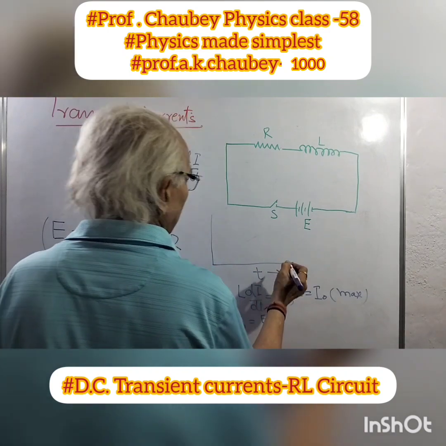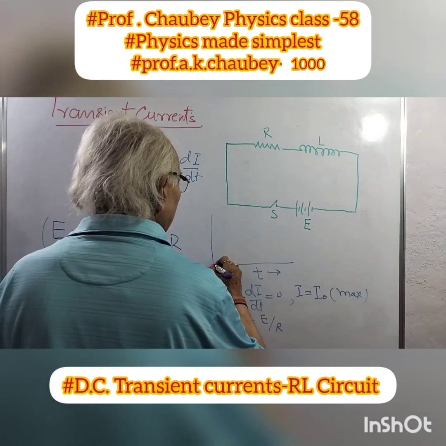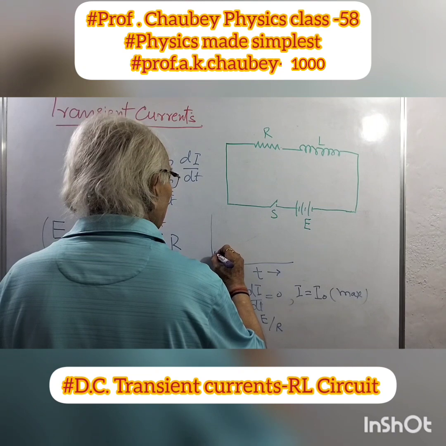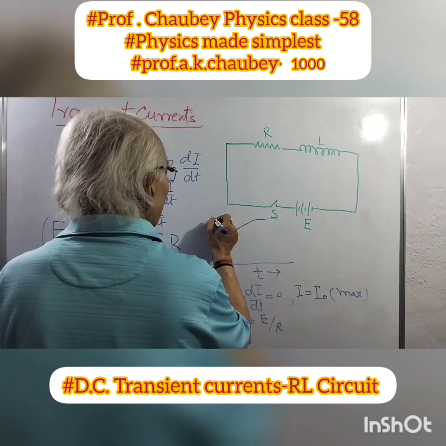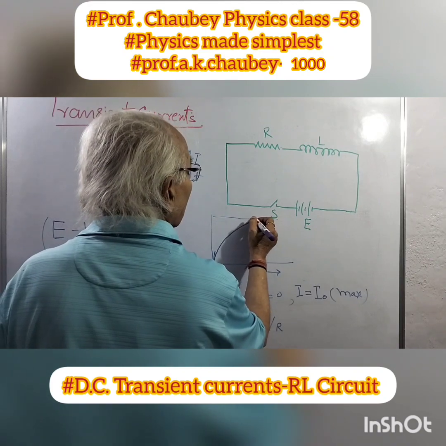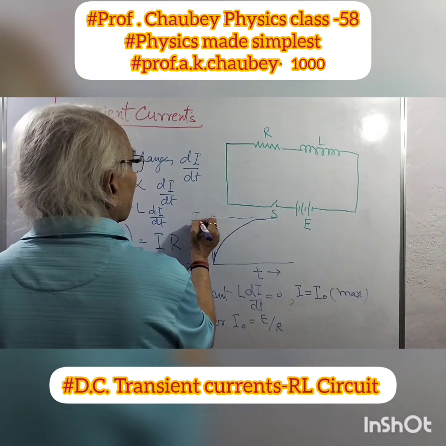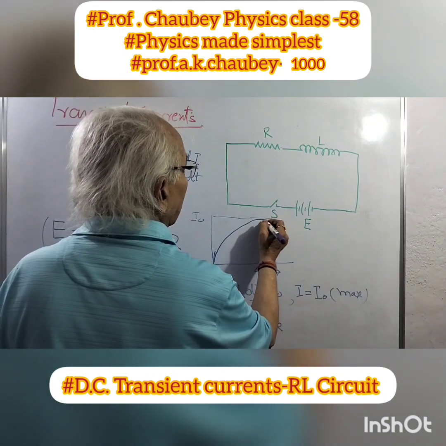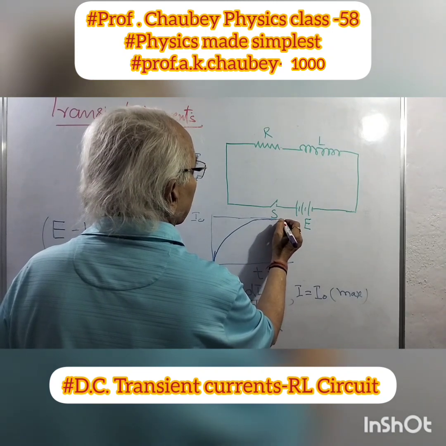I will again explain in detail. The current starts increasing from 0, and this is I naught, the maximum. It takes a very large time. It will never become constant. It is an exponential increase like this.